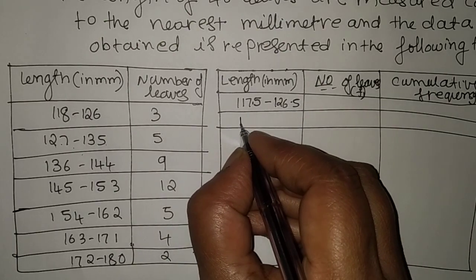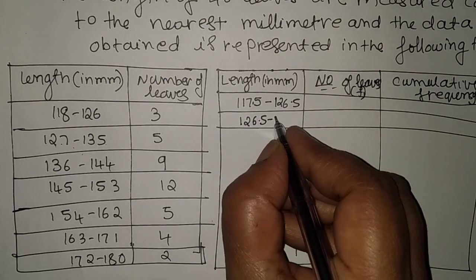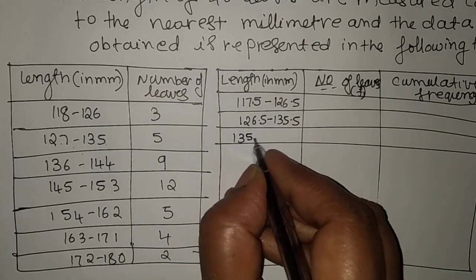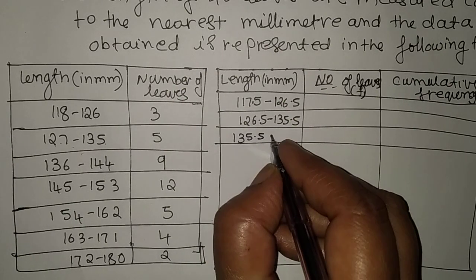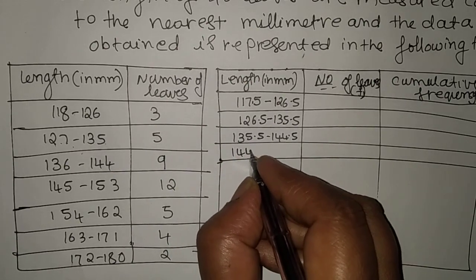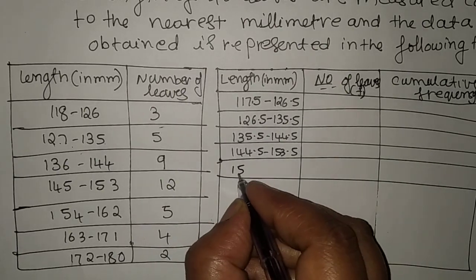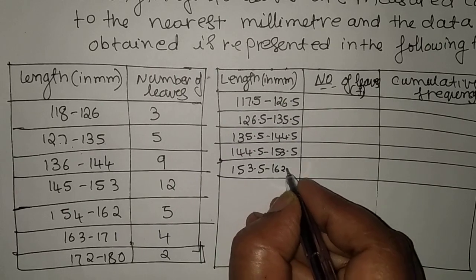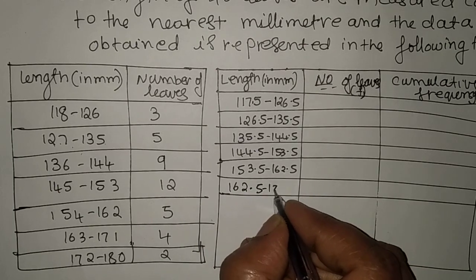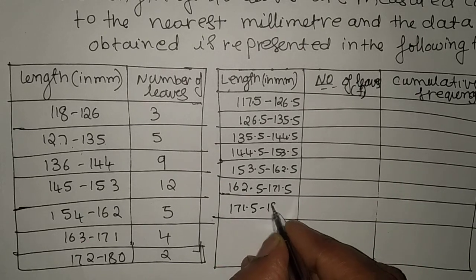Next is same thing, we have to start from 126.5 to 135.5, then 135.5 to 144.5, 144.5 to 153.5, 153.5 to 162.5, 162.5 to 171.5, 171.5 to 180.5.